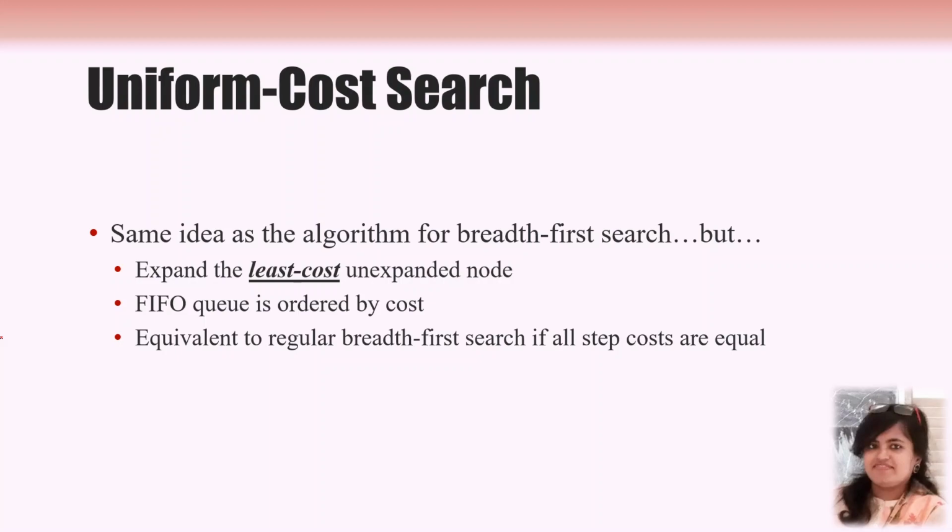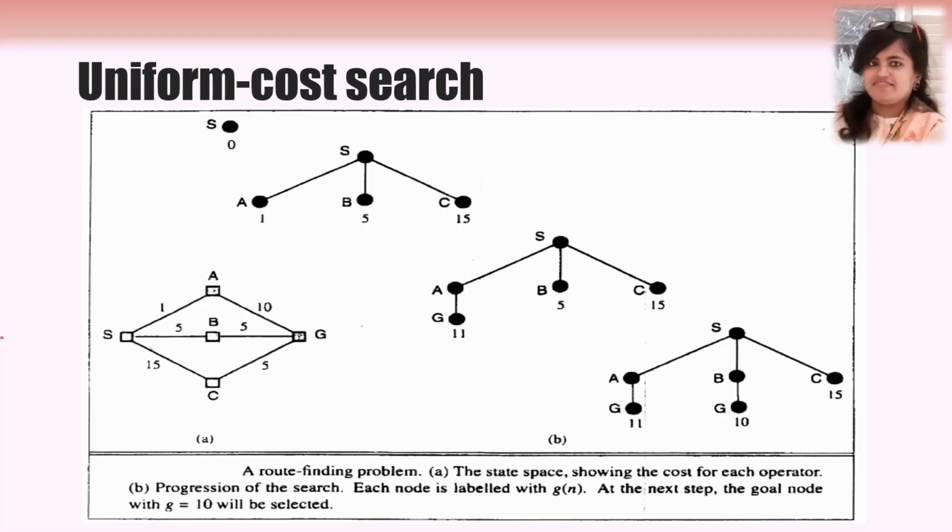It is equivalent to regular BFS if all costs are equal. So if all the step costs are equal, then it will be equivalent to BFS. If all step costs are not equal, then the FIFO queue will be ordered by the cost. So this is the uniform cost search.